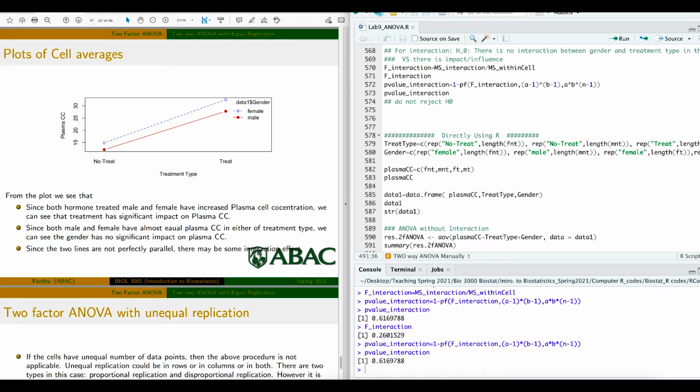In the last video, I showed you how to do the two-way ANOVA with interaction effect, with replication, manually.